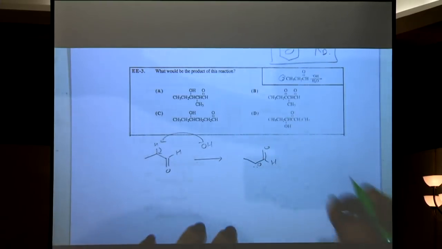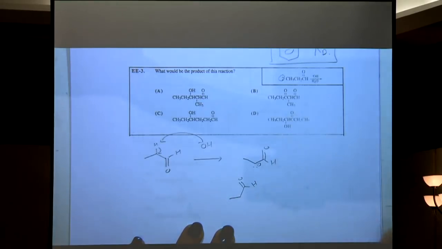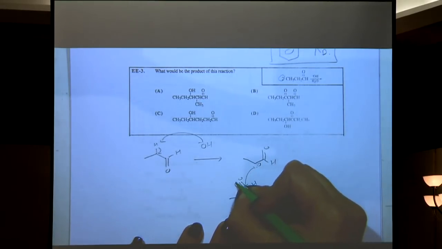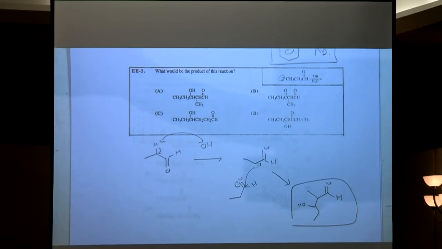And then we have another equivalent of the same structure, so that should be it.